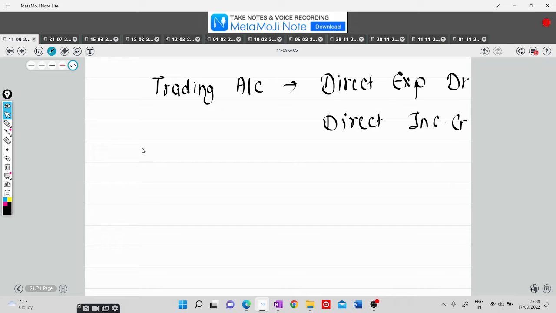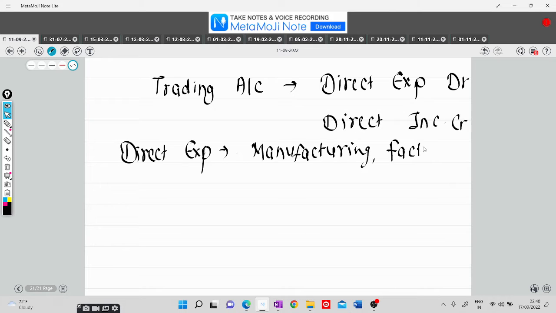Direct expense means all those expenses which are related to manufacturing activities or factory expenses.